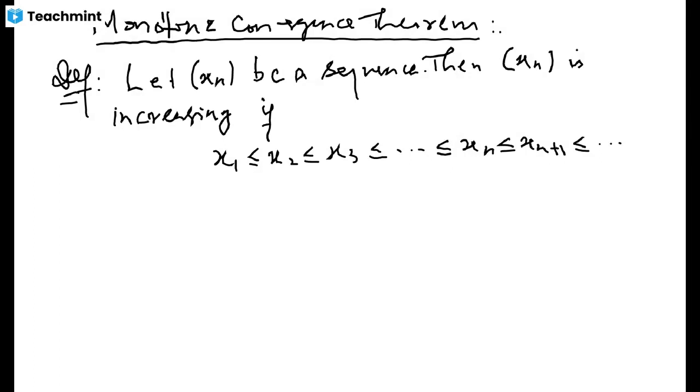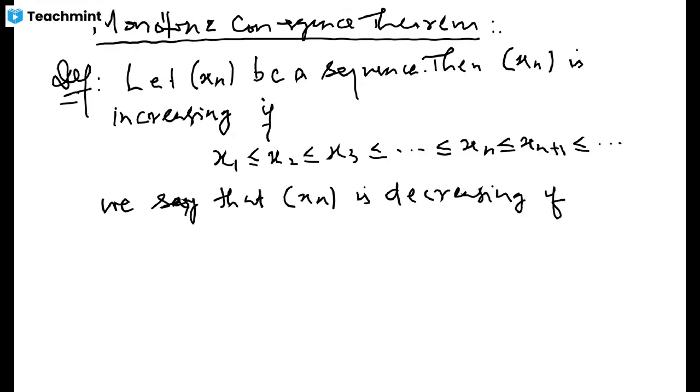And we say that this sequence xn is decreasing if we have the reverse order for the terms of the sequence according to their indices. x1 needs to be greater than or equal to x2, greater than or equal to x3, greater than or equal to some nth term, and this nth term greater than or equal to its next term, and so on.